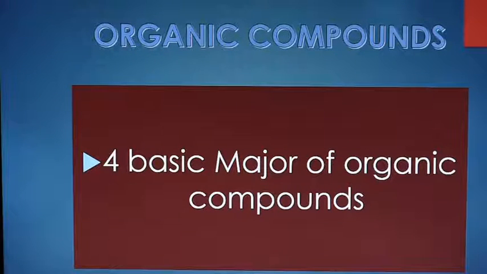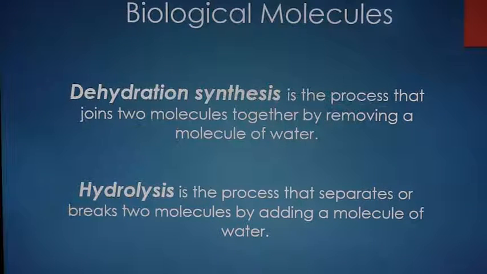There are 4 major organic compounds. As a side note, dehydration synthesis is a process that joins two molecules together by removing a molecule of water, and hydrolysis is a process that separates or breaks two molecules by adding a molecule of water.